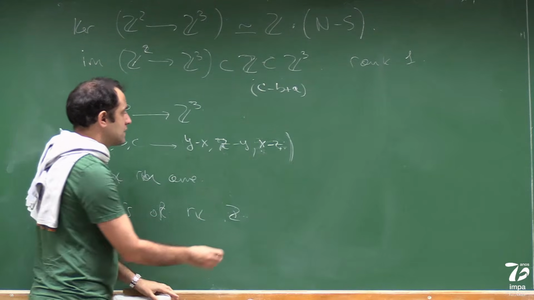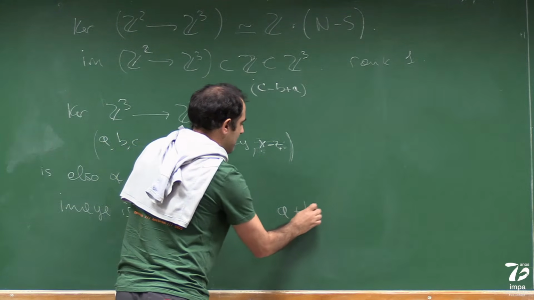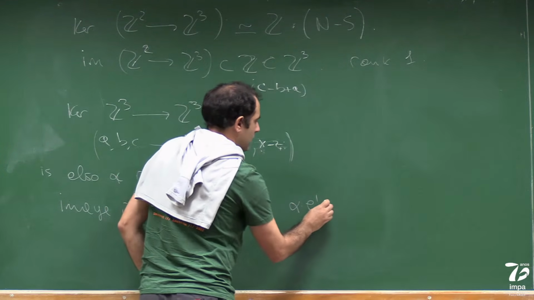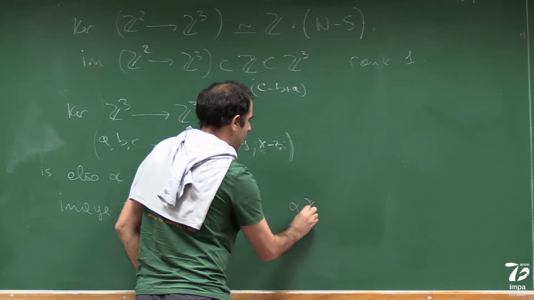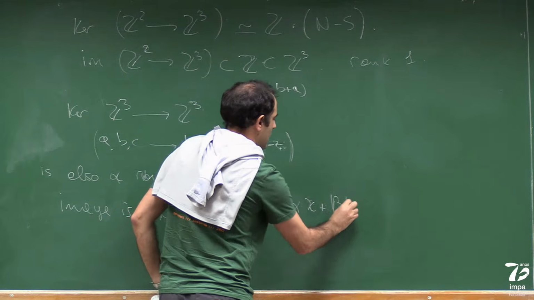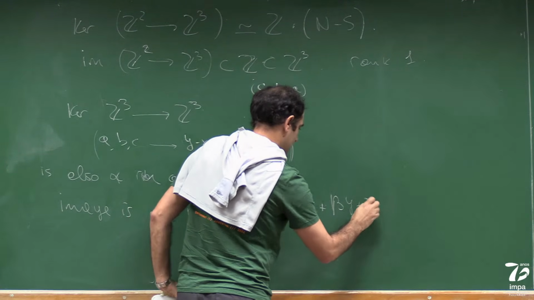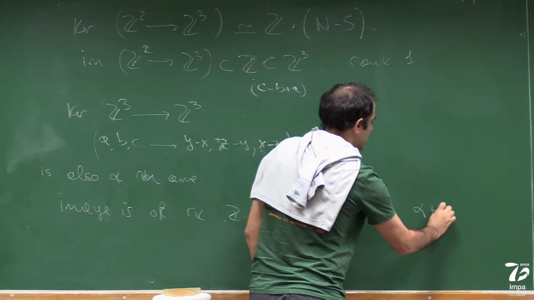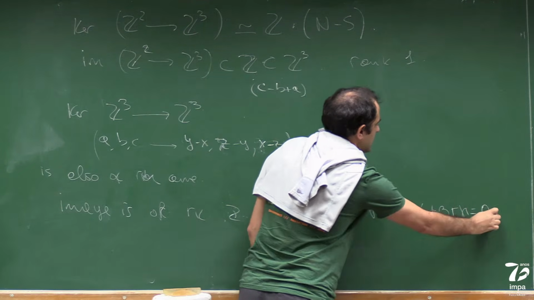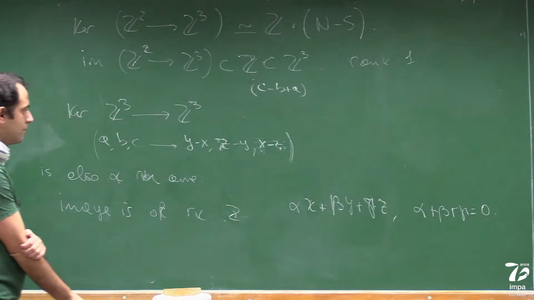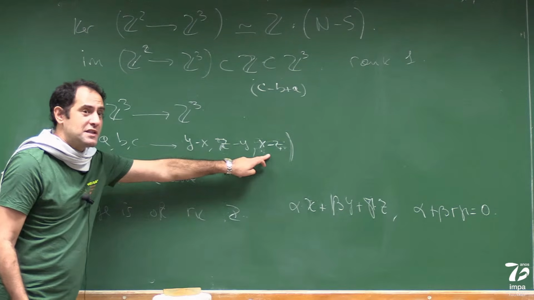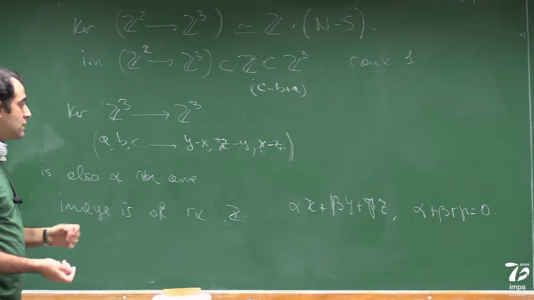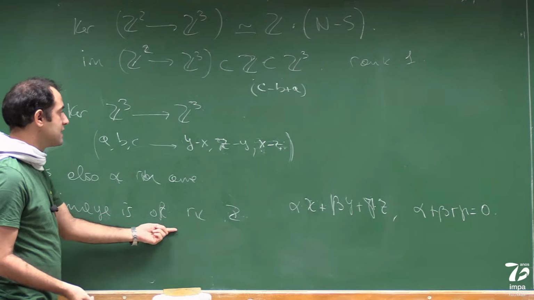So the image consists of vectors of the form, I guess I have a basis x and y and z, alpha x plus beta y plus gamma z, such that alpha plus beta plus gamma is equal to 0. And these three vectors satisfy this property, and any combination of these is going to have that property. So that's of rank 2 inside of Z3.